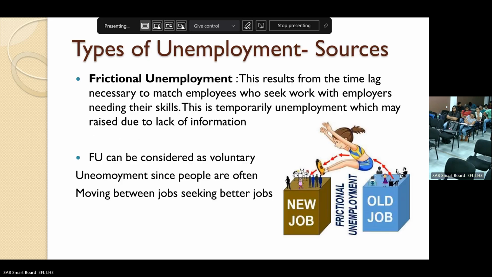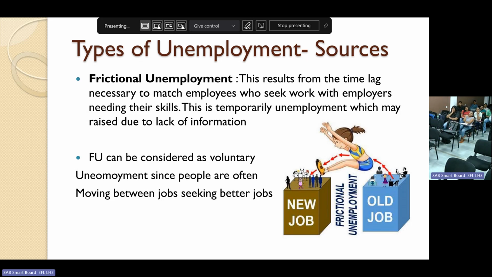So what are the types of unemployment? One is frictional. What is frictional? Frictional means people are moving from one job to another job. Some people will prefer white collar jobs.